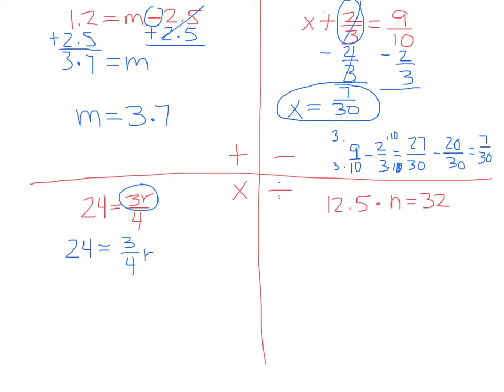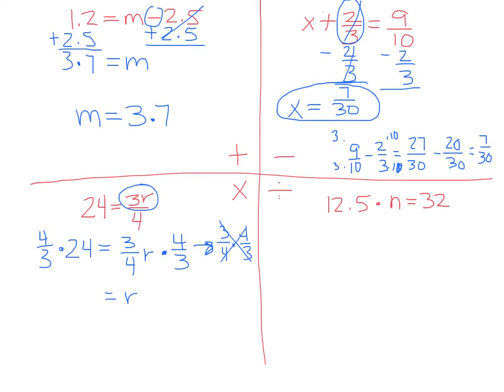Okay, so we're going to do the opposite. We're going to actually multiply by the reciprocal, 4/3. And you're going to do the same thing over here. What that does, just to show you a little bit on the side here, is we're taking 3/4 and multiplying it by 4/3 so that we can get rid of that entirely and have r to itself over here.